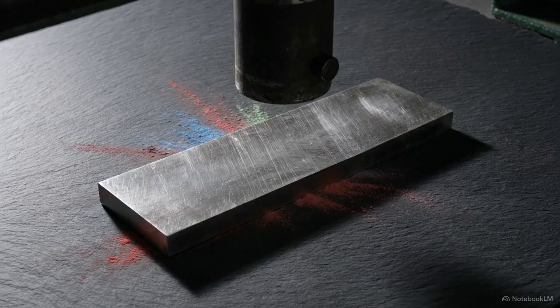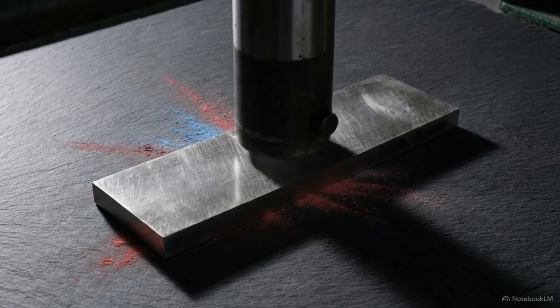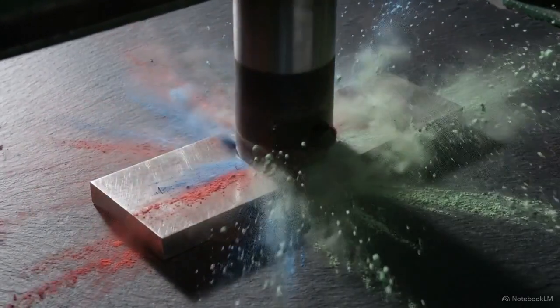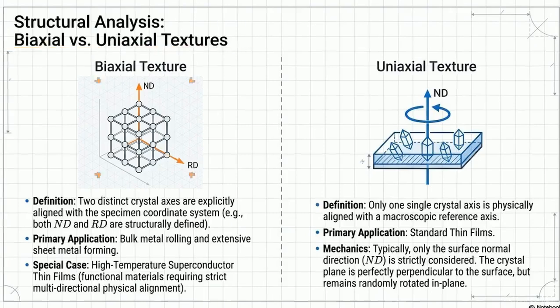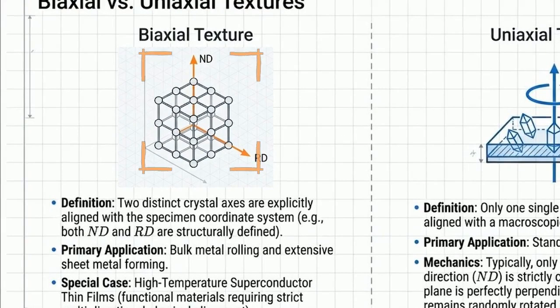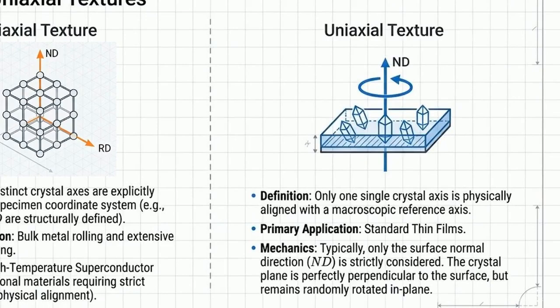Locking down all three internal coordinates is a strict requirement for many manufacturing techniques, but it isn't necessary for every application. This breaks down the distinction between biaxial and uniaxial textures. Biaxial texture tightly aligns two crystal axes with the specimen coordinates, required for bulk metal rolling. Uniaxial texture aligns only one physical axis, leaving the crystal plane to rotate randomly, common in thin films.